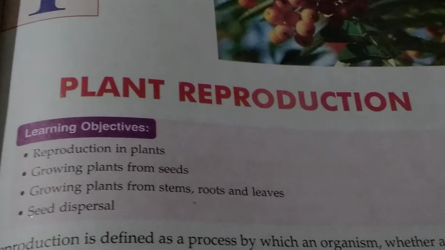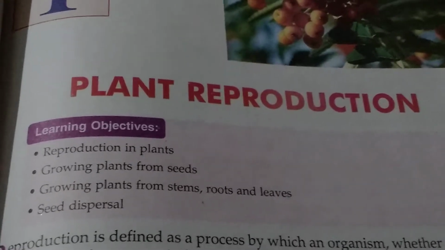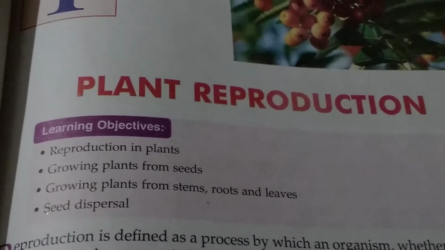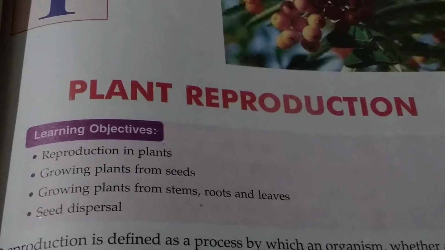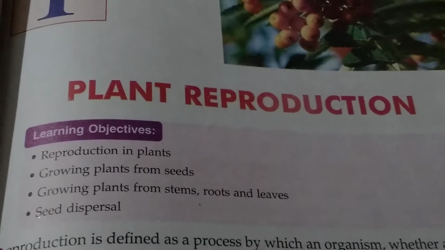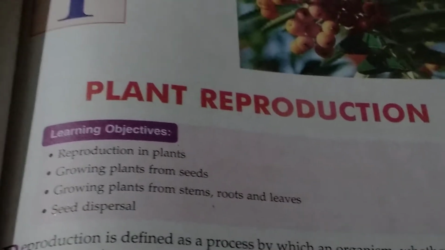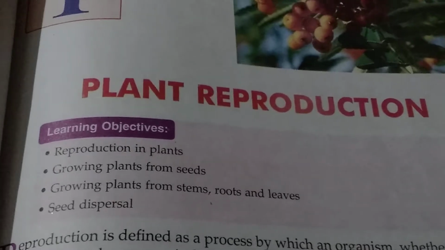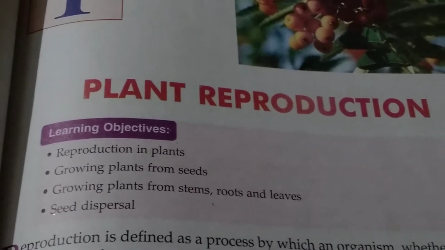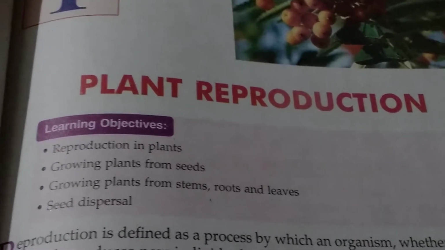In our previous class, we already started chapter 1, plant reproduction. We already learned that all living things reproduce. Plants generally reproduce from seeds. Seeds have a seed coat, seed leaves or cotyledons, and an embryo.